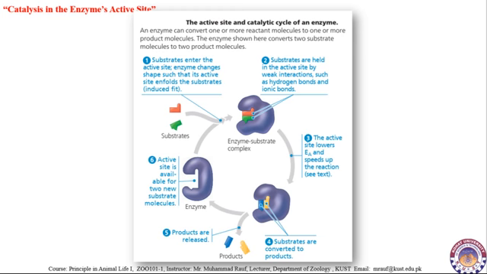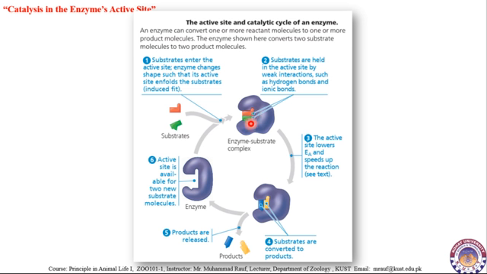I have given here this all important diagram again. It shows the active site and catalytic cycle of an enzyme. First, the substrate molecule fits into the active site of the enzyme.